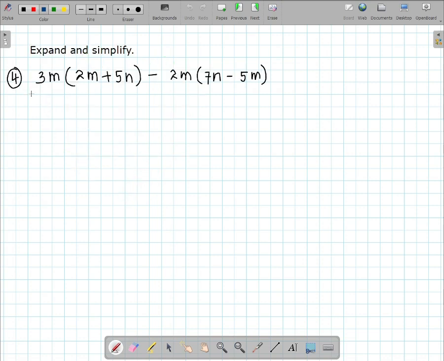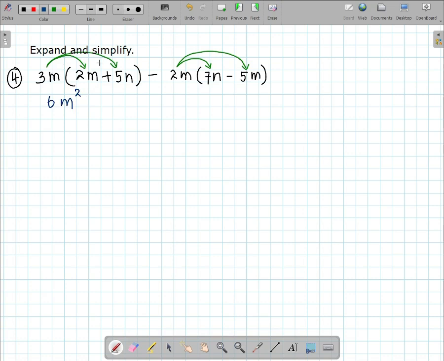Example number 4, that is 3m times bracket 2m plus 5n, minus 2m times bracket 7n minus 5m. Okay, 3m times 2m, that is 3 times 2, 6, m times m, m to the power 2.